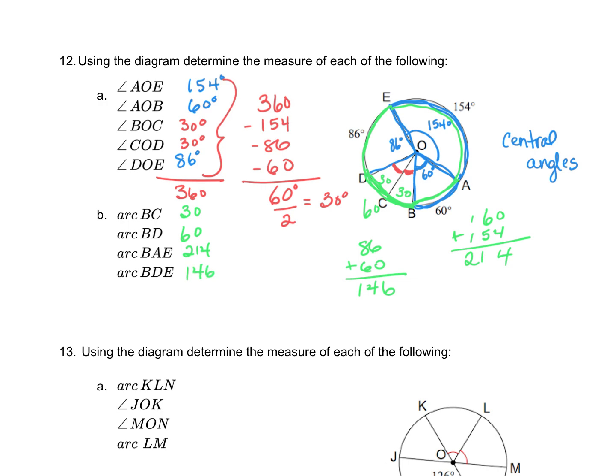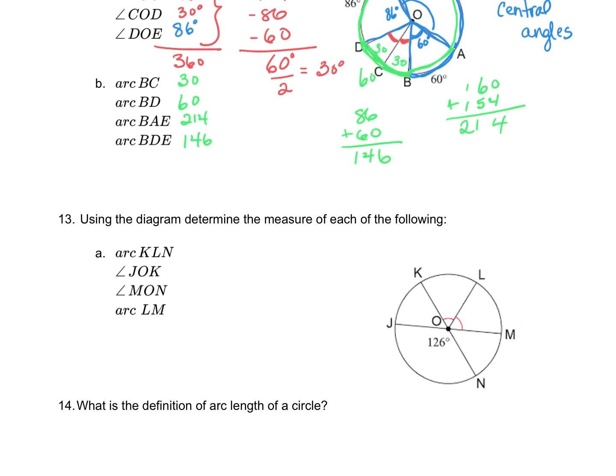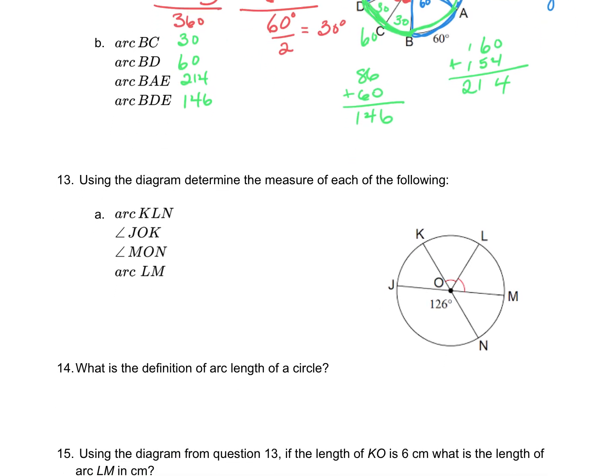Okay. Try number 13. And you're going to want to keep in mind that JM and KN are both diameters. And don't forget that a diameter cuts the circle in half, creating two 180-degree halves.